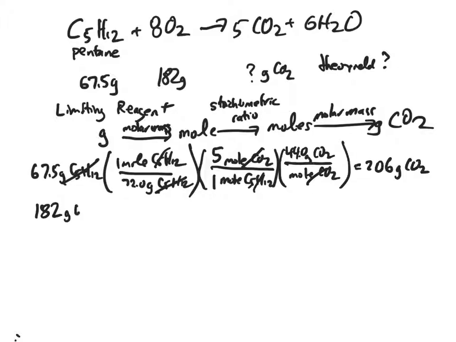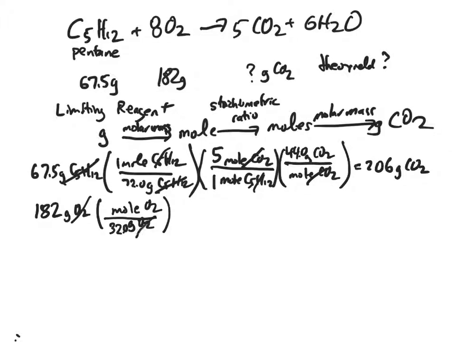182 grams of oxygen, molecular oxygen, O2. We need to work that through to see which one winds up being the limiting reagent. So we need to convert grams oxygen to moles oxygen. So 1 mole of molecular oxygen, O2, is 32.0 grams.